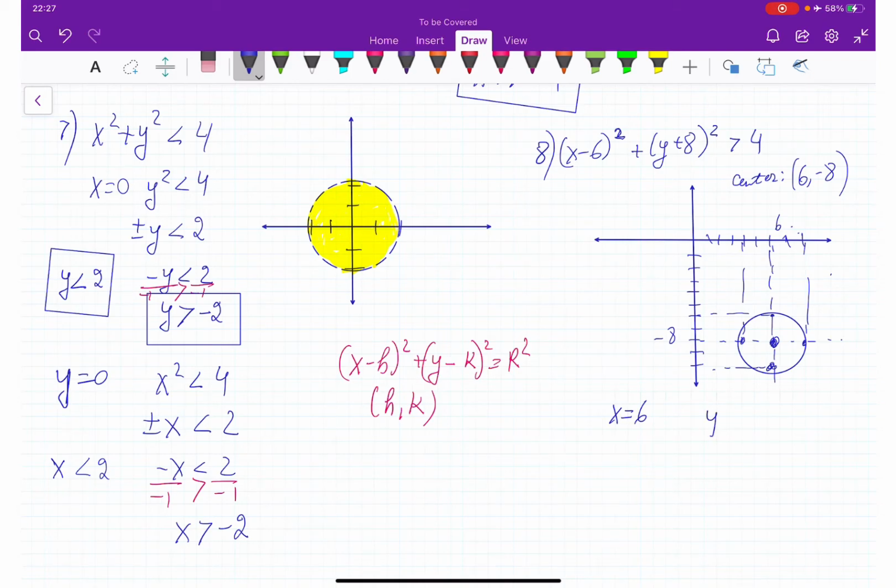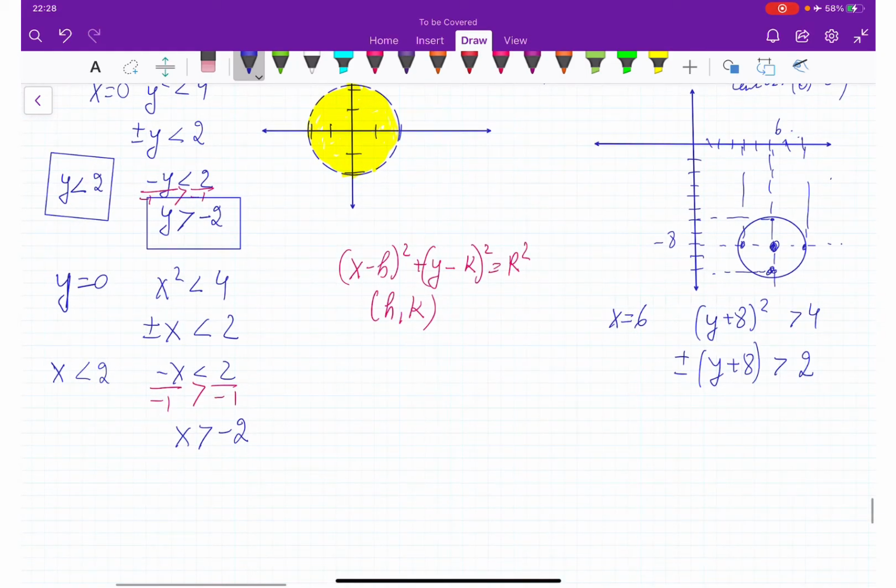So I will have y plus 8 squared greater than 4, which means plus or minus y plus 8 greater than 2, because I took the square root on both sides. We get y plus 8 greater than 2, and negative y plus 8 greater than 2.